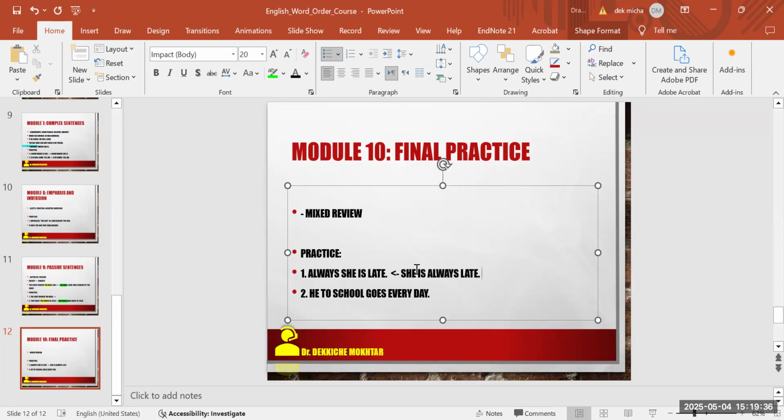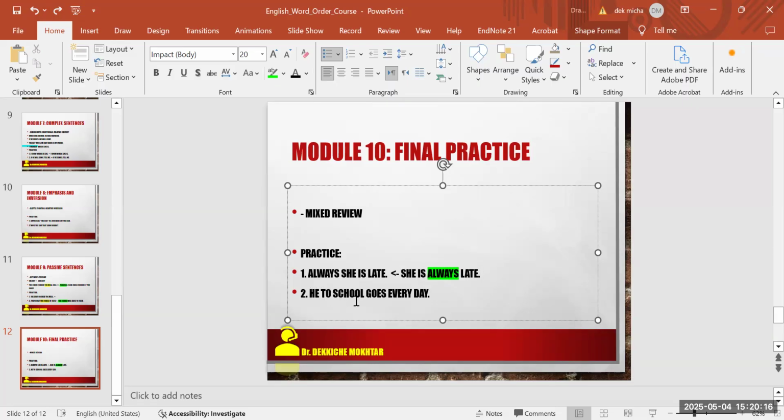Here we have an adverb of frequency. It follows the verb. So she is the subject, is the verb, always is an adverb that follows the verb, and late is the complement.